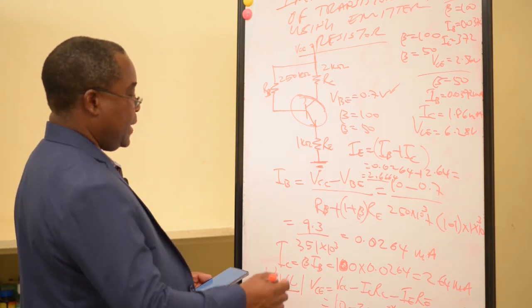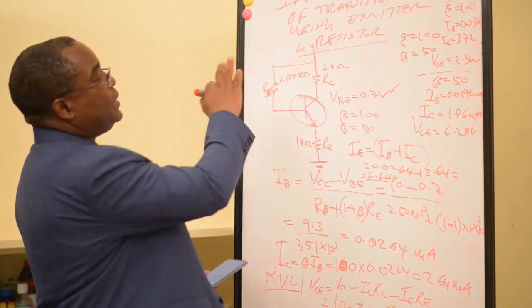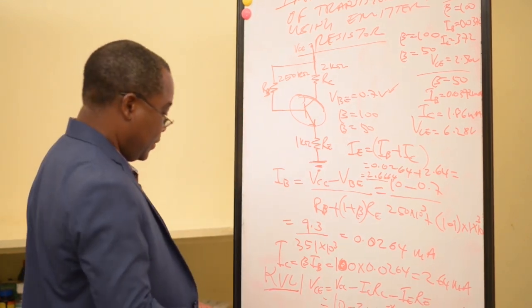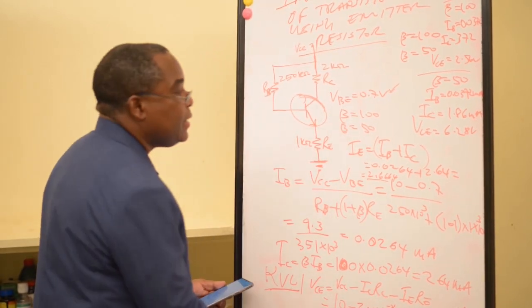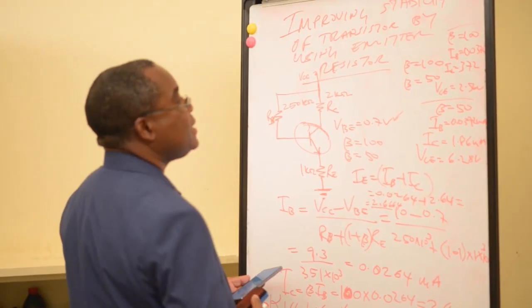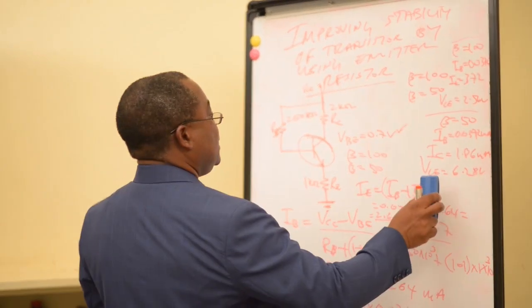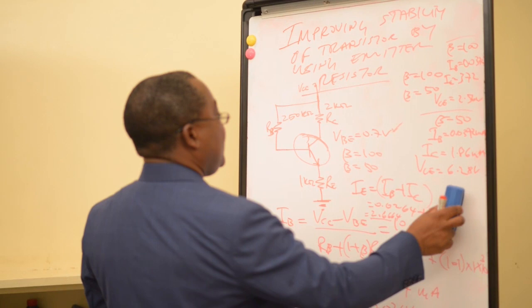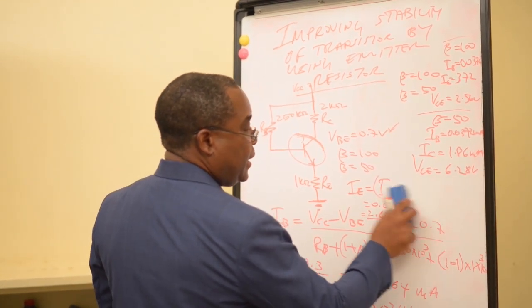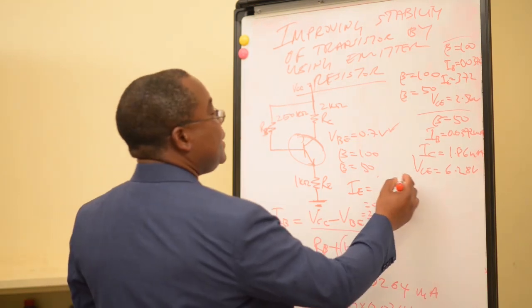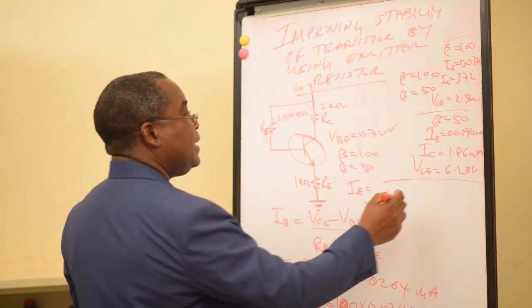So we'll keep these data because we are going to use them. We'll put a table there. I'm going to have a space here so that I can keep this data. I'll keep them here. So this is another scenario in which we have an emitter resistor.